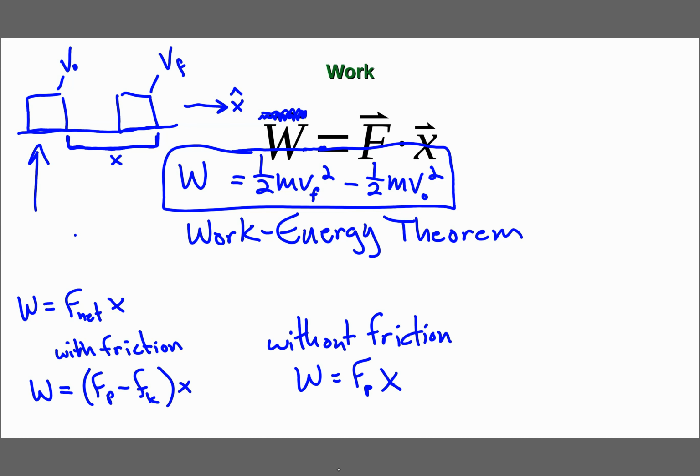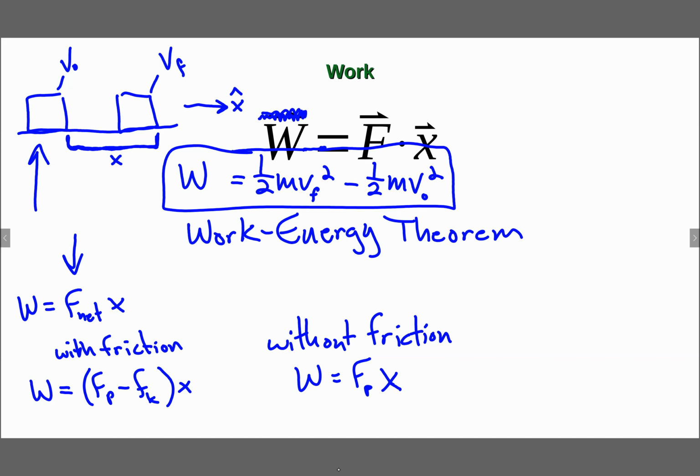So this F net might not be just one force, okay? There might be multiple. But the net product of all the forces on the block, if I move it some displacement, there must be a net force that let me move it that displacement.